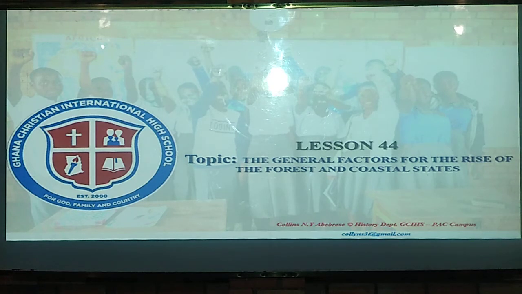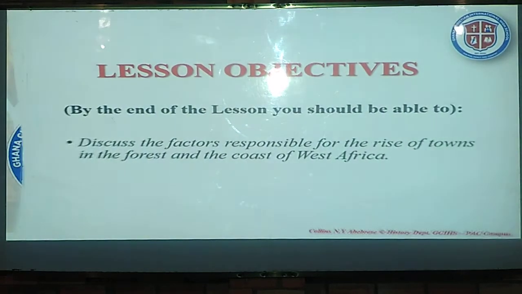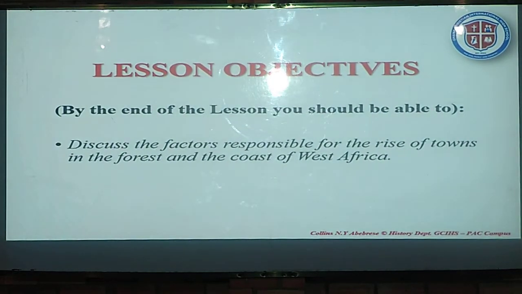The Asante Kingdom, very, very powerful. Okay, so what brought about that rise? And this is general for all of them. So our objectives will be to discuss the factors responsible for the rise of towns in the forest and coastal states of West Africa. So factors that aided them to rise, to become that powerful that we know.